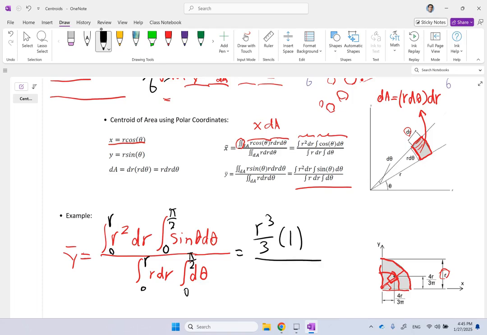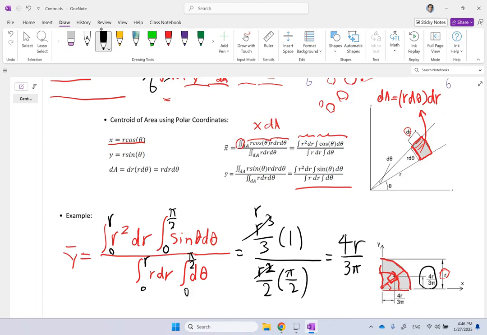The integral of r dr is going to be r squared over 2, and the integral of d theta is going to be theta, so you simply get pi over 2. And if you simplify, this is going to be 4 over 3 pi times r. That's exactly what you have here. That is the y bar of the centroid.